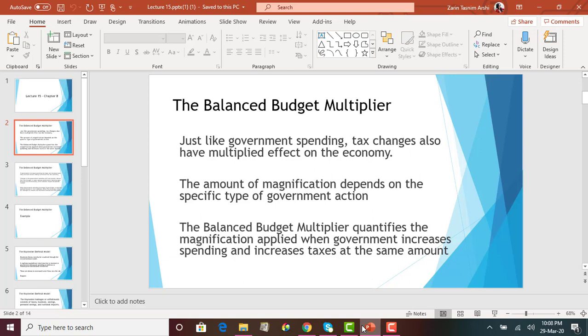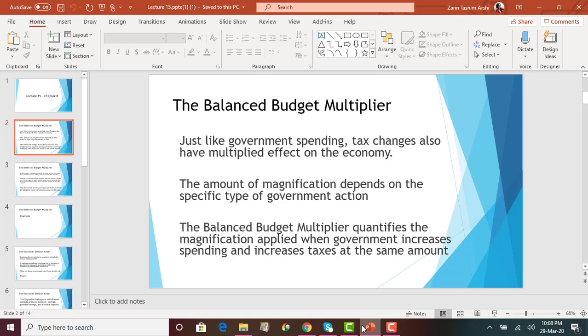Similarly, when there is an increase in taxes in the economy, there is a multiplied impact on the output, but in a negative manner. So when the tax rate goes up, let's say by 2%, then output will probably go down by 3%.